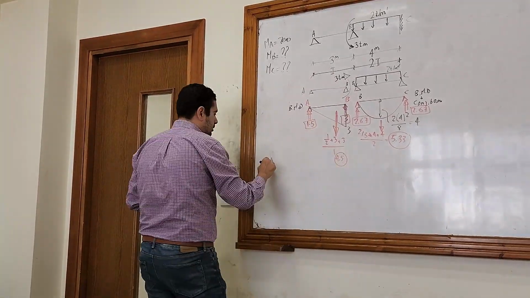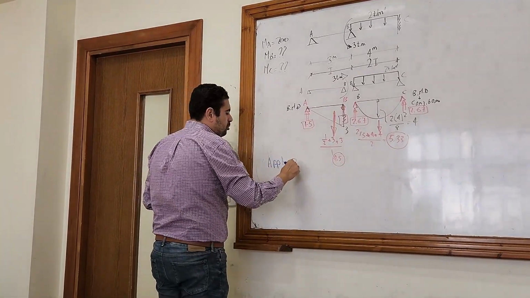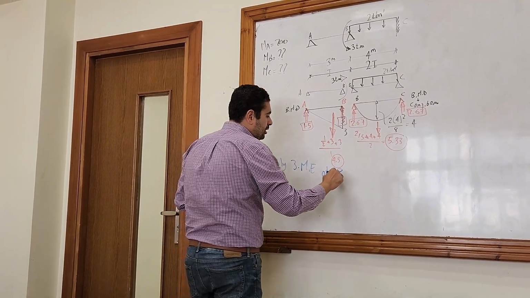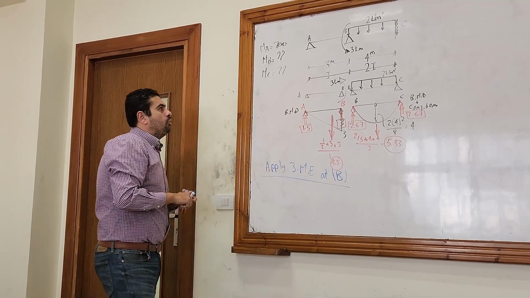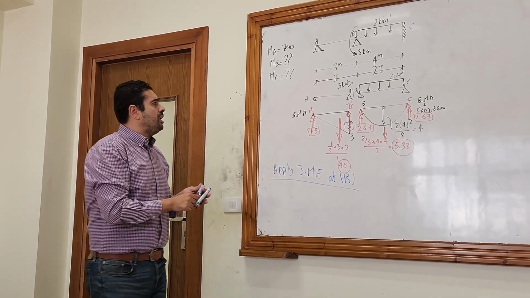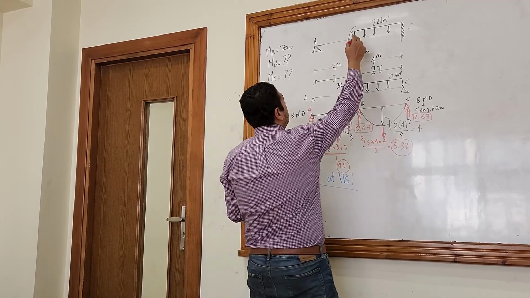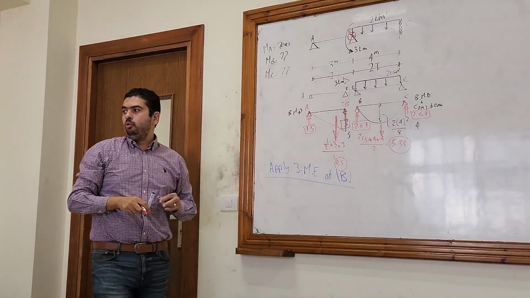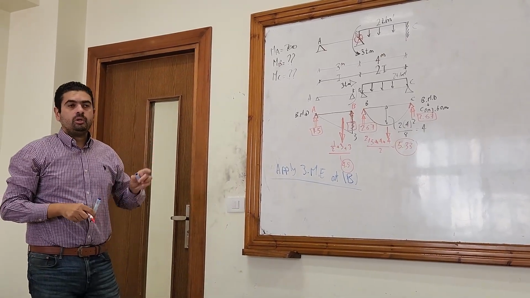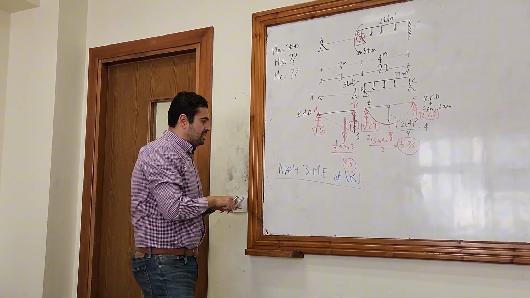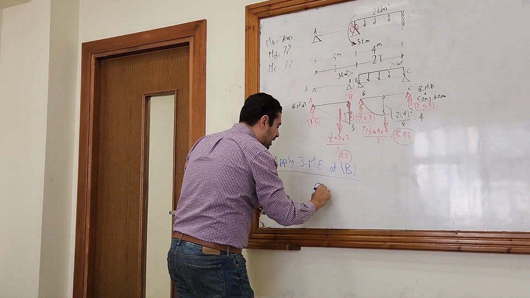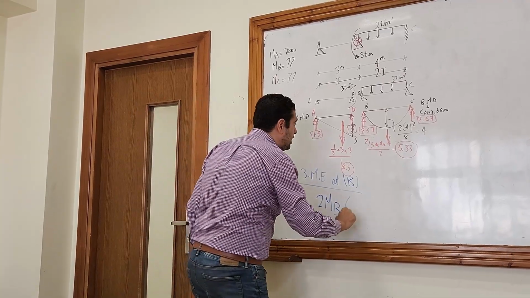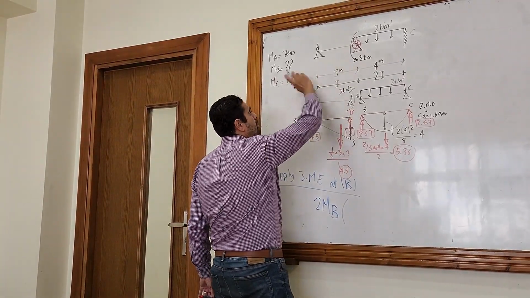Apply three-moment equation at B. Take care when applying, okay? Where am I now? I am at B. I am here. Just remind yourself where you are. You are at B, okay? So the equation is 2MB, and the span before, what's the span before?